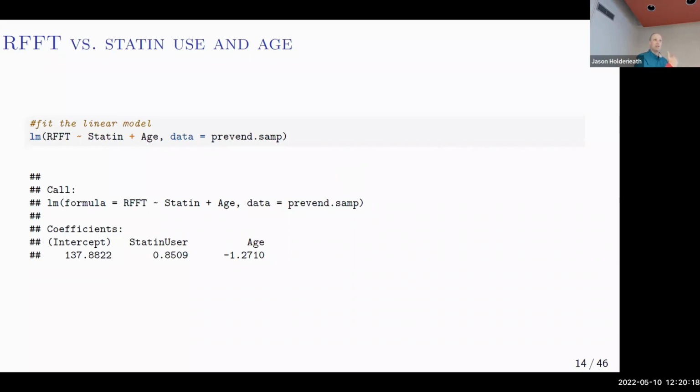The statin user variable says there's a 0.8509 increase. So all else equal, the statin user has a higher score than the non-statin user. Okay, that's interesting.